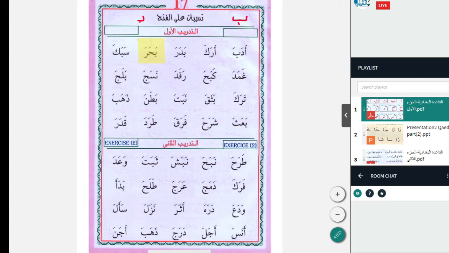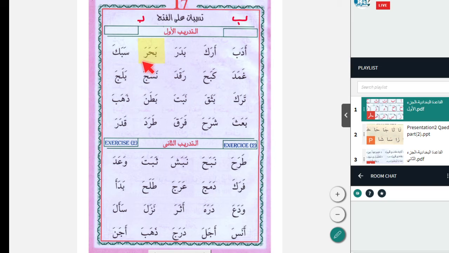The first letter you should know, because we just read it: ba. Next to ba, if you imagine that you are going to complete the shape of this letter, this is, yes, you are correct, it is ha.